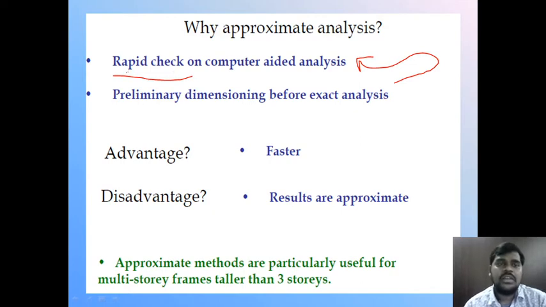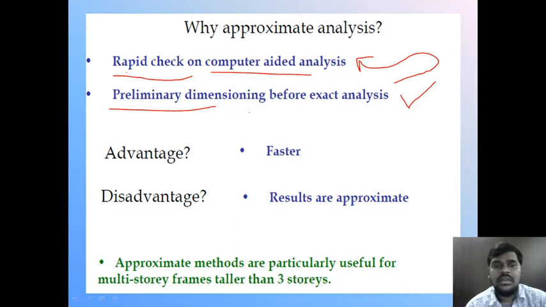Rapid check can be done by using computer aided analysis, like we have STAAD Pro and ETABS, and also preliminary dimensioning before exact analysis. So before exact analysis is done, there will be a preliminary dimensioning. What do you mean by preliminary dimensioning?